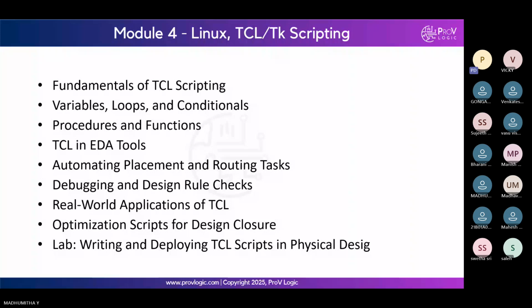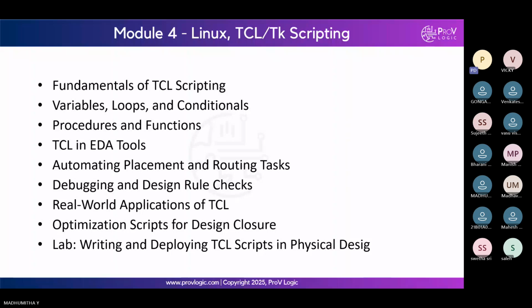Synopsys tools are DC, Design Compiler for synthesis, ICC2 for PD, and Fusion Compiler. Fusion Compiler will do synthesis and PD together. And then PrimeTime for STA.